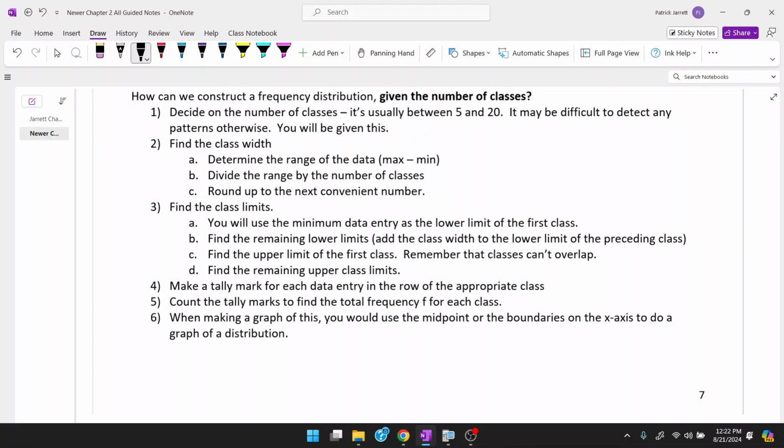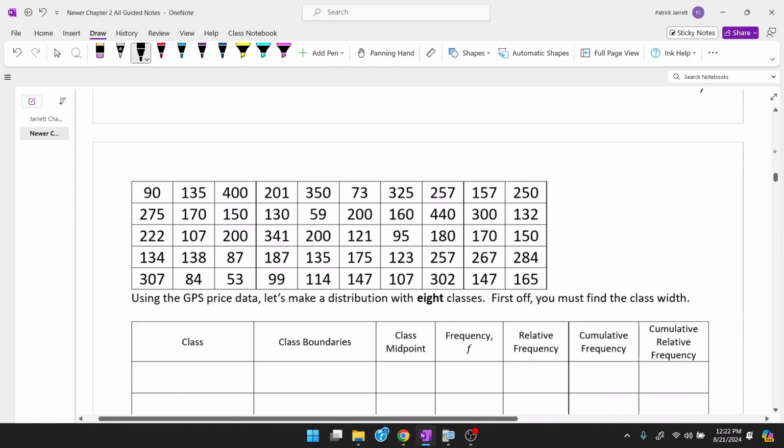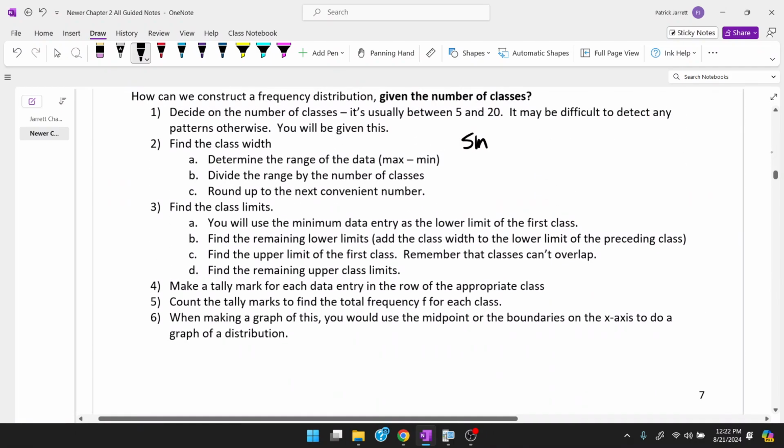And this second method of making a histogram is, I'm going to say, use a number of classes. So here's the thing. The smallest class starts with the minimum value, in this case.